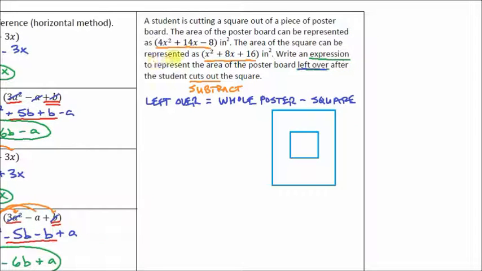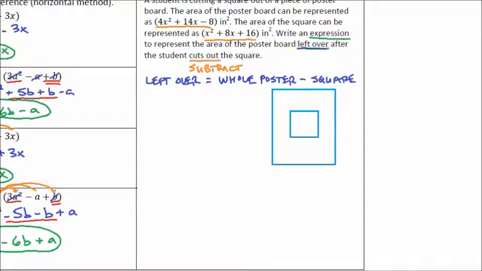And so now look, class, all this is just subtracting two expressions, subtracting a polynomial from a polynomial. So let's write this out. We want to know what the leftover is. Well, the whole poster, let's take the whole poster first. The whole poster is 4x squared plus 14x minus 8.